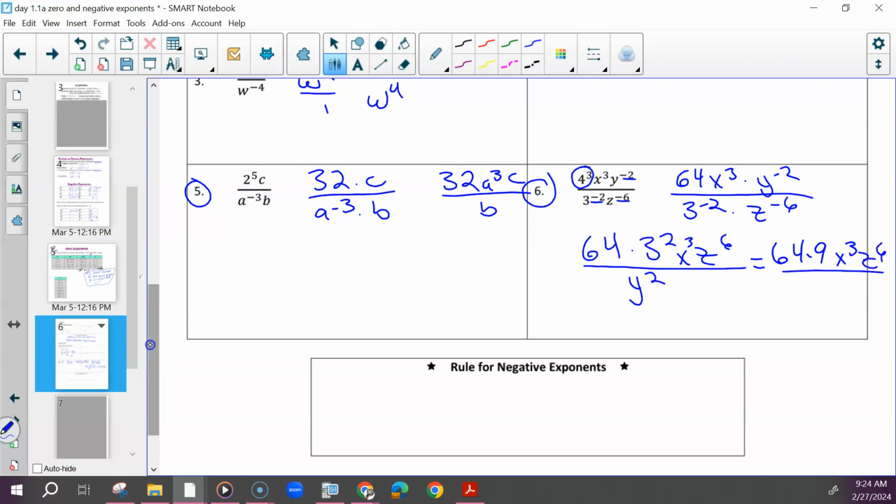And multiply 64 and 9. Someone do that for me here.